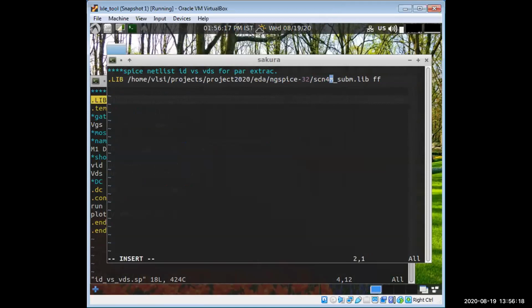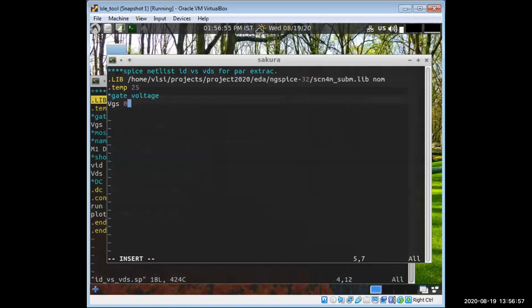We will be doing it in the nominal process corner, so do nominal. Then specify the temperature, .temp 25. Then the gate voltage and the source nodes, as in the previous class.